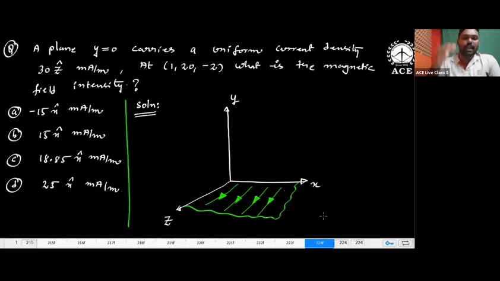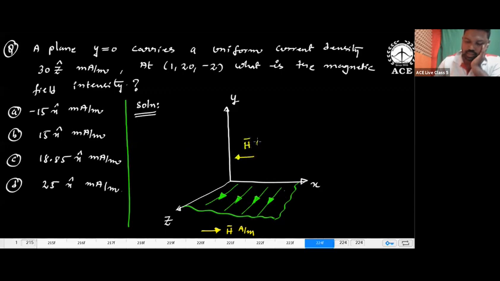If the current is flowing like this, what is the direction of the magnetic field? The magnetic field is tangential on both sides. H units are ampere per meter.